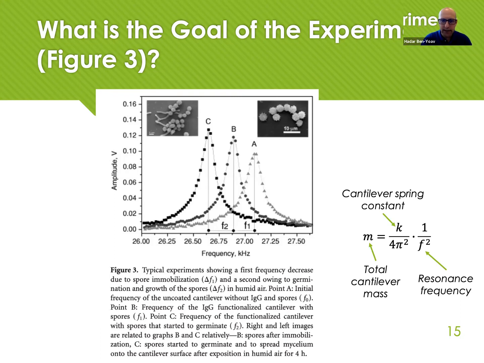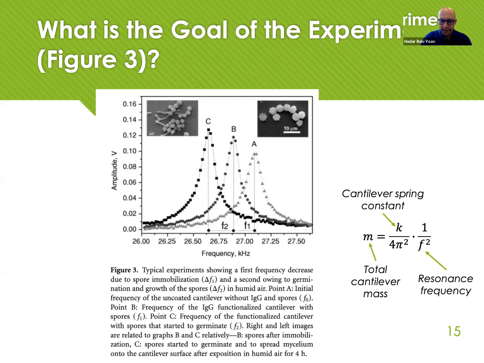And we see that we have A, B, and C, with the maximum amplitude at those 3 different frequencies. So let's see what this means. The amplitude is a function of the applied frequency, and the resonance frequency is the one where you have the maximum.